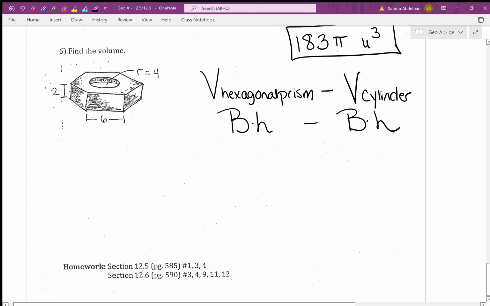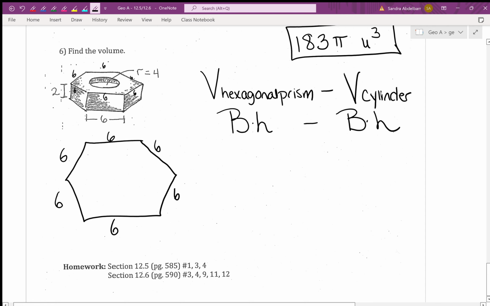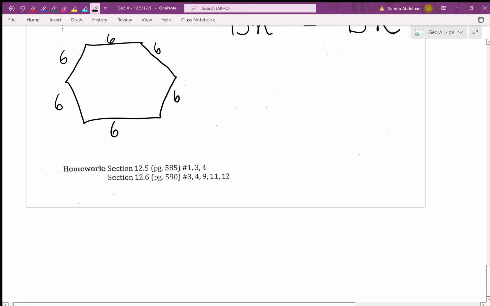All right, do we agree this hexagon is regular? All sides are 6? Yeah. All right. Who remembers how to find the area of a regular hexagon? Half AP? Good, half AP. So what we need to do is draw in what?